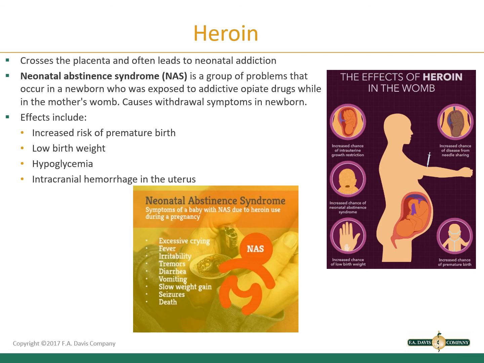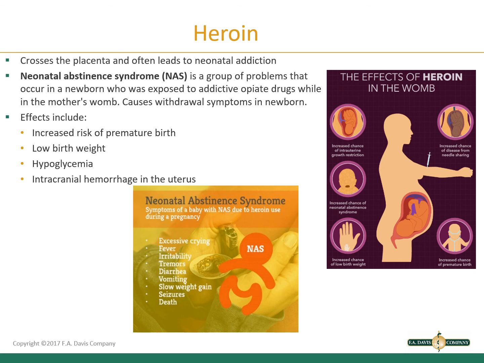Heroin in pregnancy and its associated lack of prenatal care have been associated with adverse outcomes in pregnancy. Heroin crosses the placenta and often leads to neonatal addiction. Other effects include increased risk of premature birth, low birth weight, hypoglycemia, low blood sugar, and intracranial hemorrhage in the uterus.